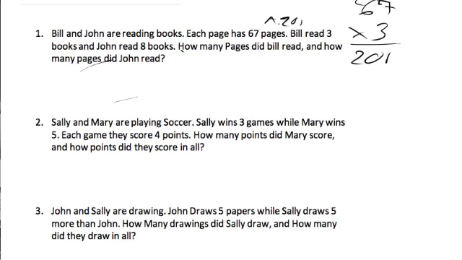And to our second question, John read 8 books. So we just multiply 67 times 8 this time. It's a big one. 67 times 8. So 8 times 7 equals 56. And 8 times 6 equals 48, right?